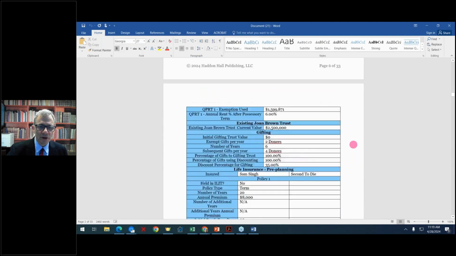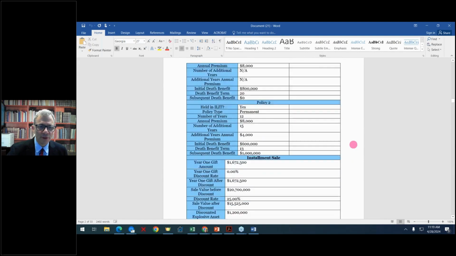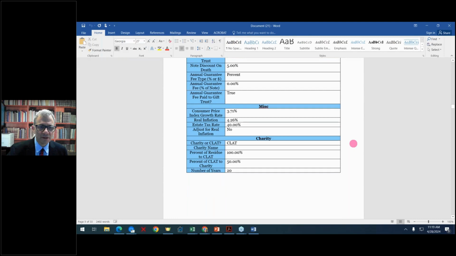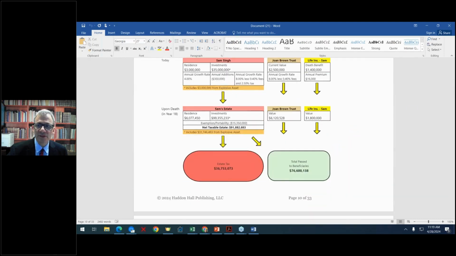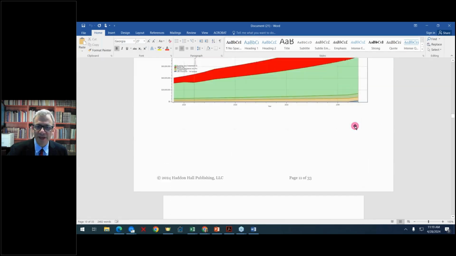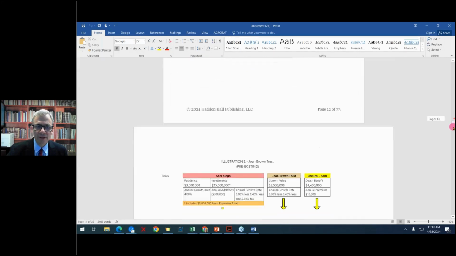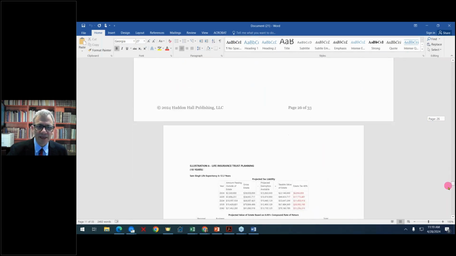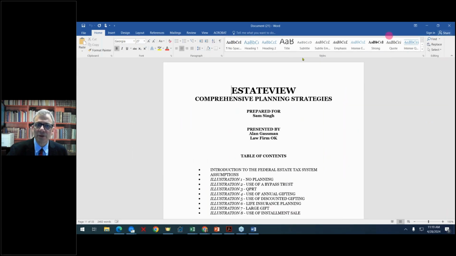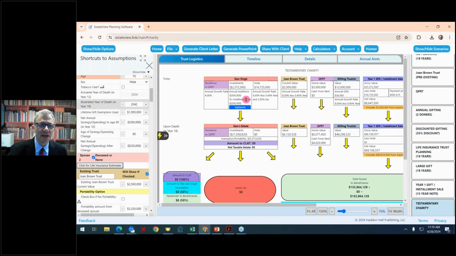It provides all of the input information that we placed into the assumptions, and then it explains each of the planning strategies, showing the charts for each of the planning strategies. And this is in a modifiable Word document that you can then update to your heart's desire.